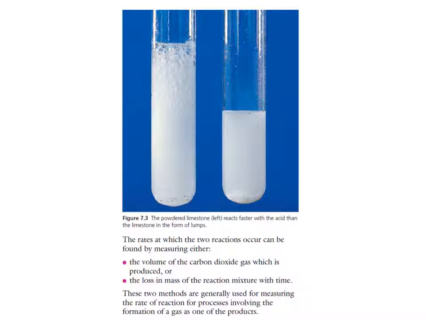So if the reaction mixture loses mass very quickly, then the rate of reaction is higher. If the reaction mixture loses mass slowly, then the reaction rate is slower. So these two methods are generally used for measuring the rate of reaction for processes involving the formation of gas as one product.